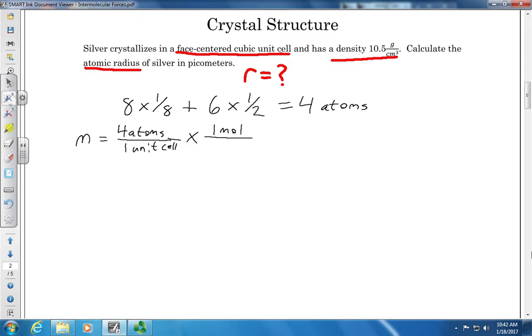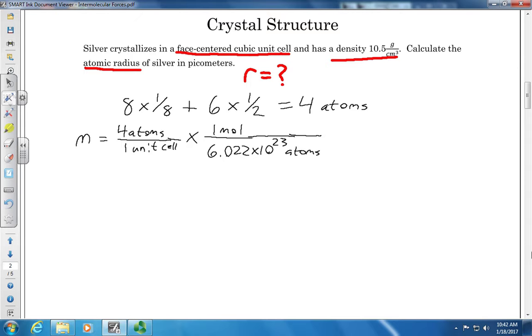So we want to find out what 1 mole of these particular atoms is.